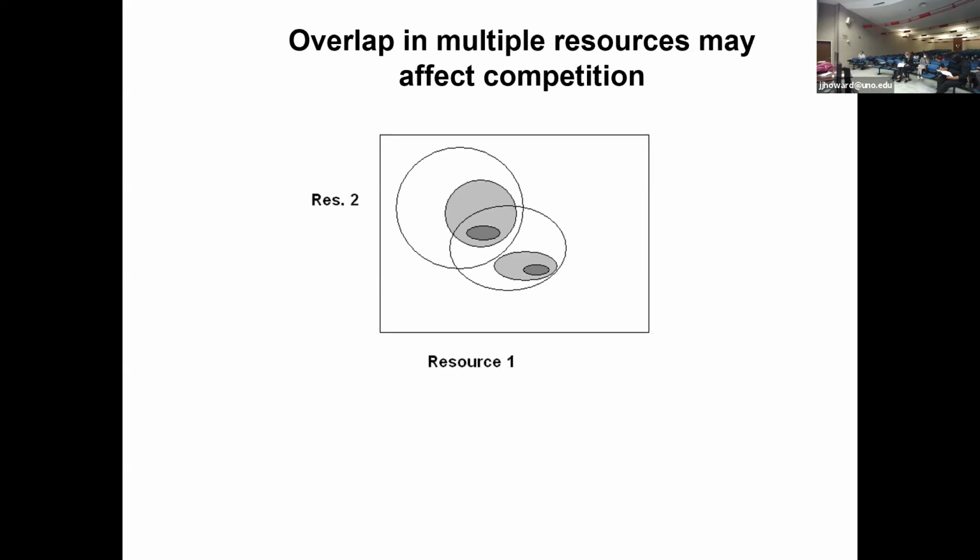The population can grow, outside of which the population declines to extinction. And they have these increasingly more favorable combinations of the resources. And here's the sweet spot for this species right here. And notice that the sweet spot for the other species is a little bit different.